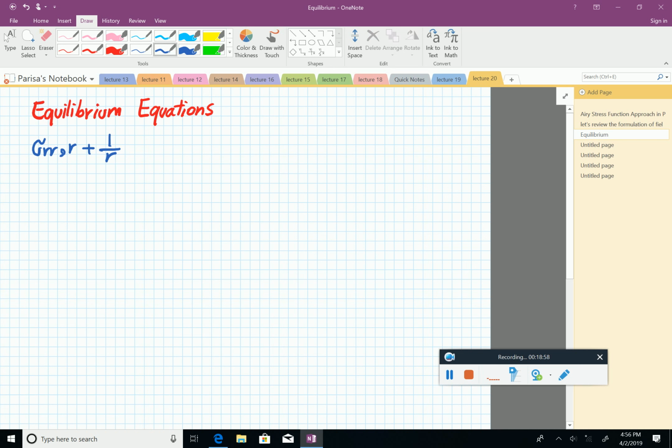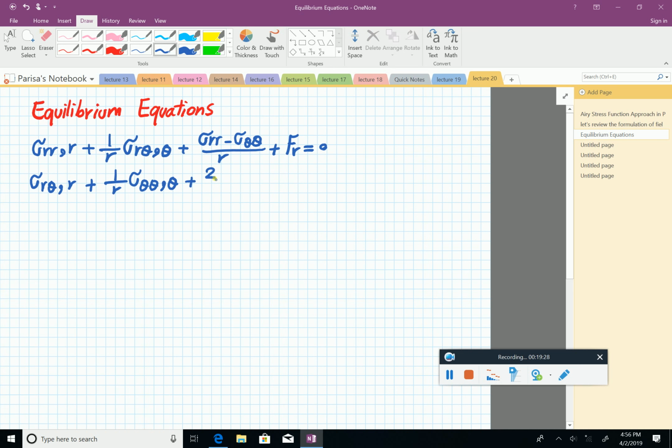Sigma_rr,r plus 1 over r sigma_r theta,theta plus (sigma_rr minus sigma_theta theta) over r plus F_r equals 0. Sigma_r theta,r plus 1 over r sigma_theta theta,theta plus 2 over r sigma_r theta plus F_theta equals 0. So I would put 3 dots here.